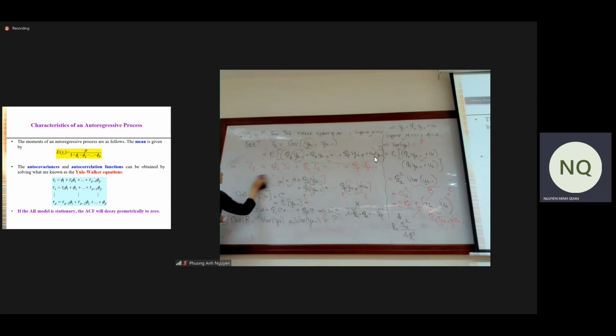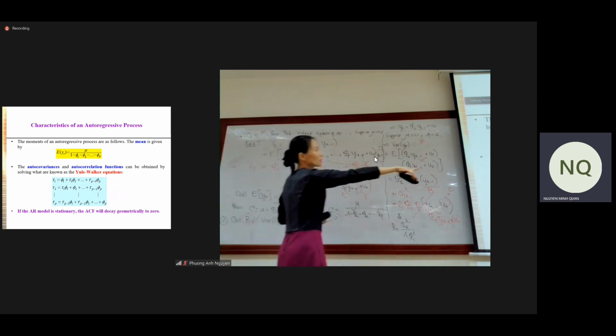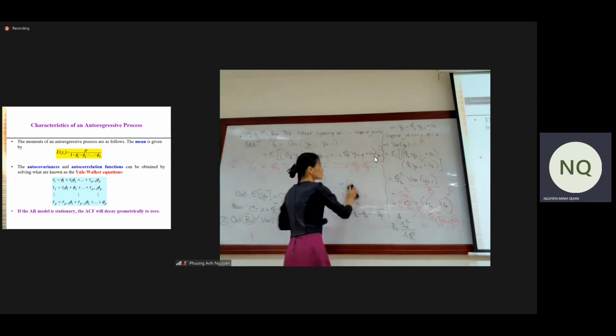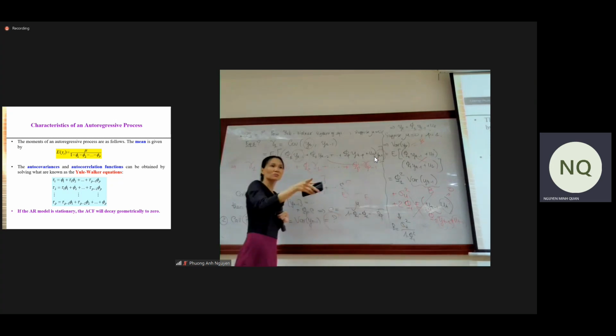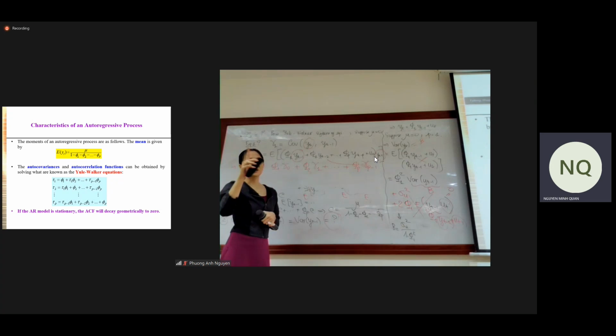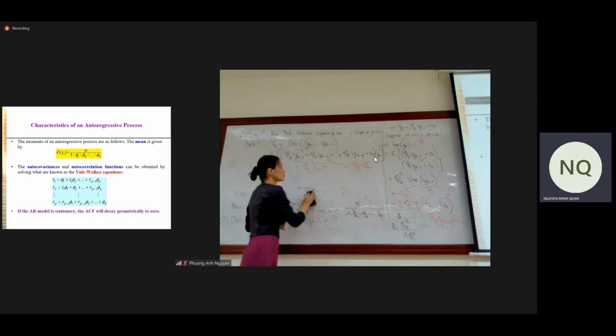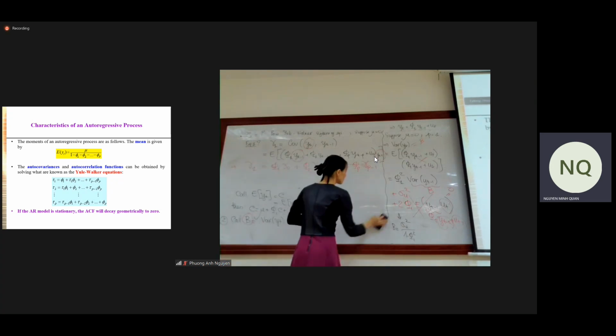What is the next step? I see only the tau here, and tau is obtained when you divide gamma by gamma 0. So we divide both sides by gamma 0.